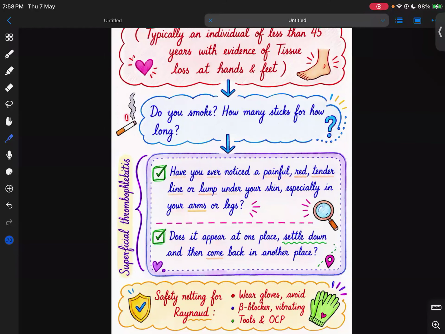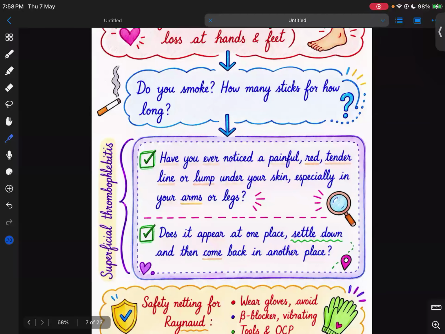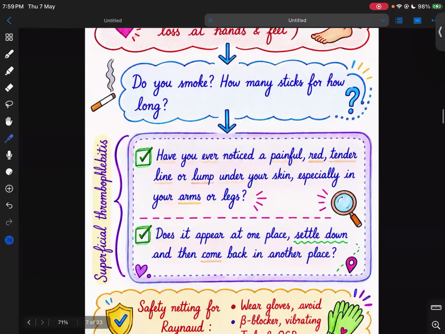So how to ask this superficial migratory thrombophlebitis? We have to ask, have you ever noticed a painful red tender line or lump under your skin, especially in your arms or legs? Because whenever there is inflammation of the vein at hands or feet, the patient will have noticed this painful red tender line or lump.